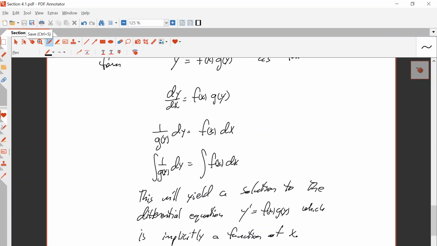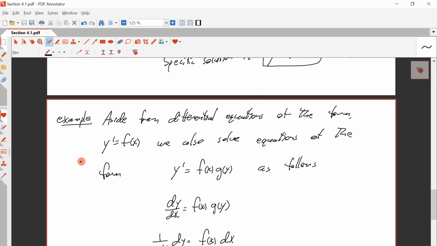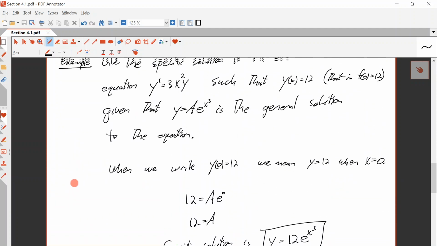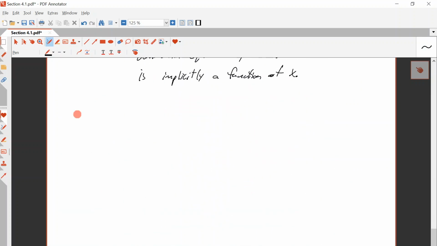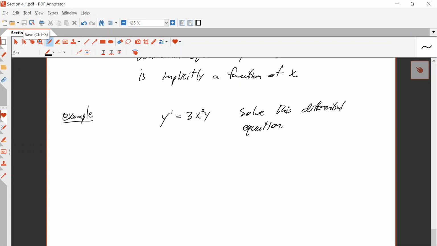Okay? So for example, let's take that previous example. y prime is 3x squared y. How did we get that that's a general solution to it? We want to solve this differential equation and put the answer in general form, explicitly for y in terms of x if you can.